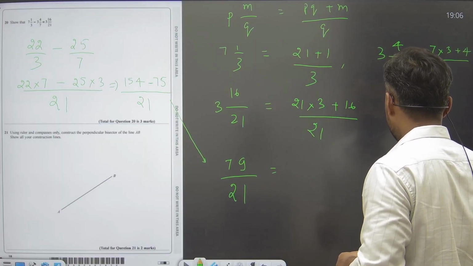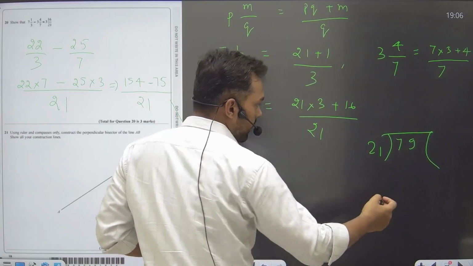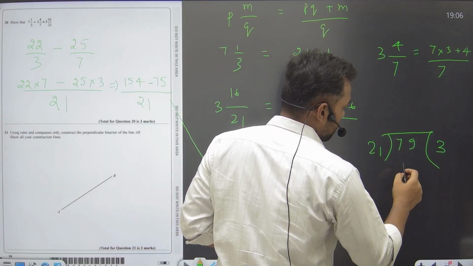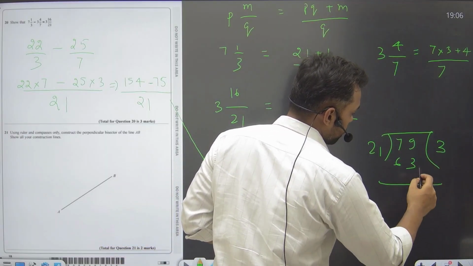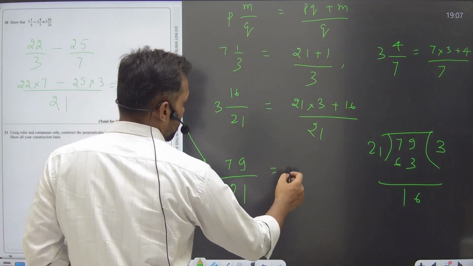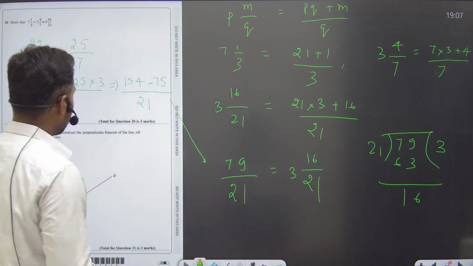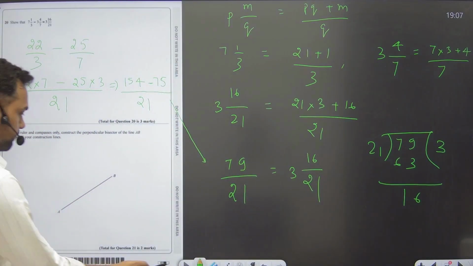Just divide 79 by 21. Taking it 3 times, the remainder is 16. So it will be written in the format of 3 whole 16 by 21. This is our solution.